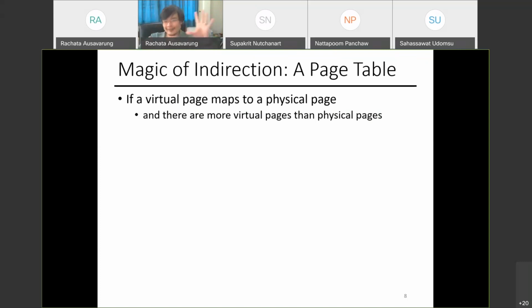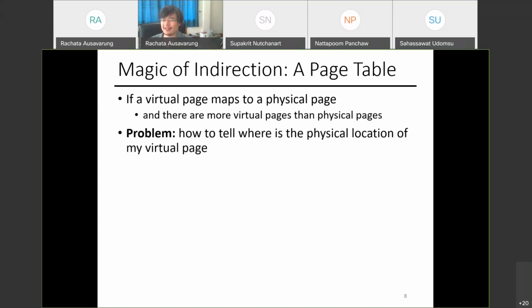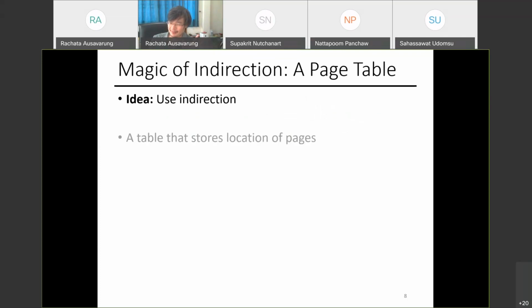And because, as I said, virtually I want unlimited data, there are going to be more virtual pages than physical pages. So the problem here is how can we tell where is the physical location of my virtual pages? Animation bug here, but the idea is we can use indirection, which I'm going to show in a bit.